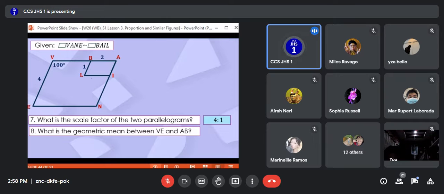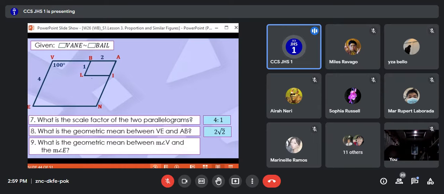So we have to multiply first the values and then extract the square root. 2 square root of 2, because 4 times 2 is 8 and the square root of 8 is equal to 2 square root of 2.